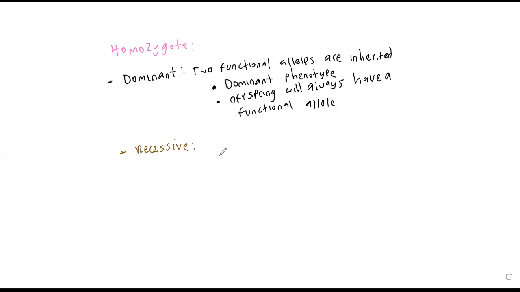So recessive, if you are what we call homozygous recessive, two dysfunctional alleles are inherited.